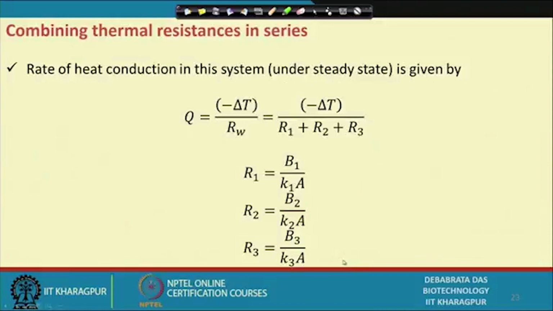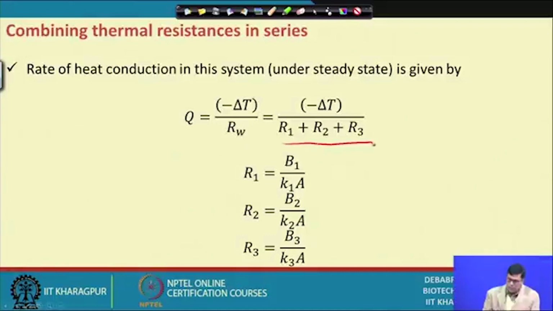Now, the rate of heat conduction in the system under steady state condition is governed by this equation. This is the driving force, and this is the resistance, where the resistance is R1, R2, R3, and R1 can be expressed like this.